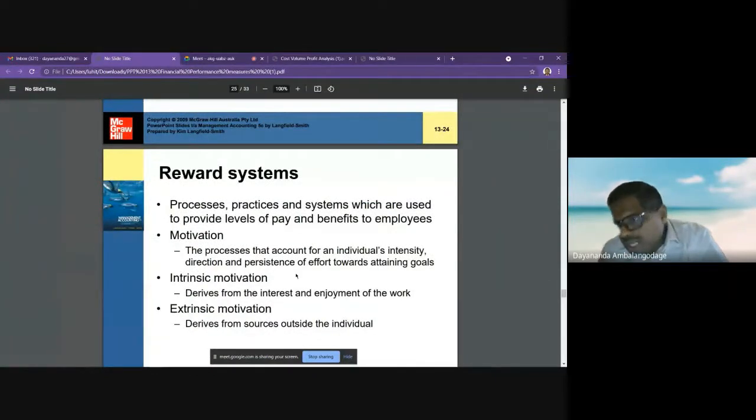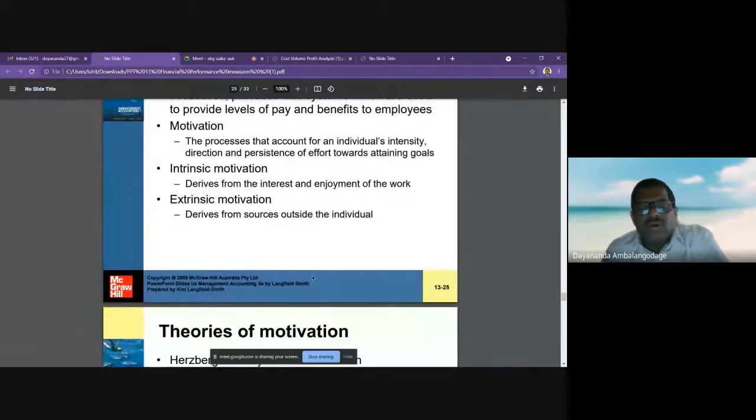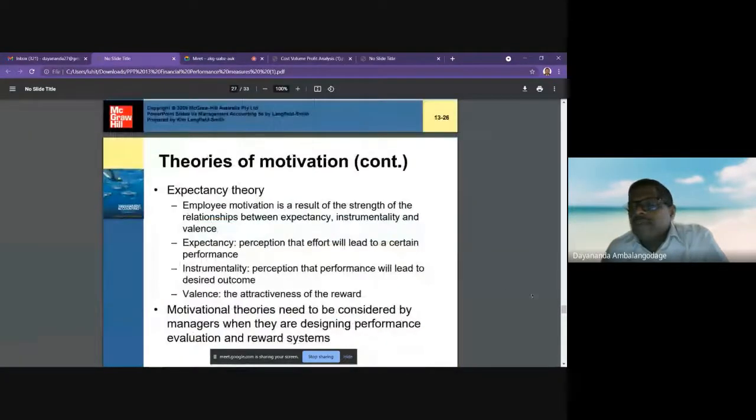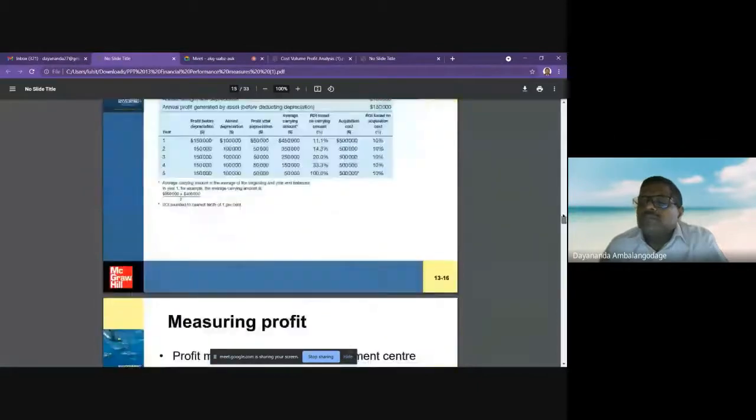We discussed two motivation theories very simply, the Herzberg two-factor theory and the expectancy theory. Then we discussed different types of reward systems, individual and group, profit-based sharing, share giving, teamwork, etc., and the advantages of individual and group rewards. I think with this, this session is over.